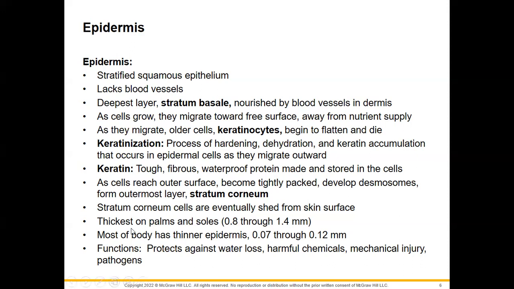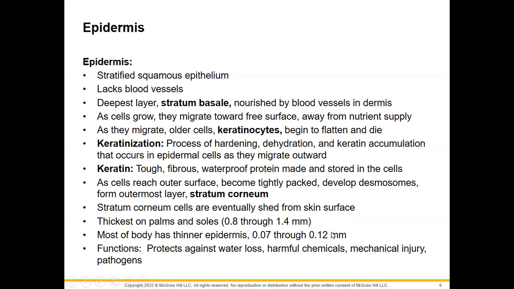So the epidermis on the palms and soles will run from 0.8 to 1.5 millimeters. Now, when you look at a ruler, you'll know that this is still extremely thin, right? 0.8 to 1.5 millimeters is still pretty thin, but it's much thicker than the rest of the body. On the rest of the body, the thickness of the epidermis will range from 0.07 to 0.12.